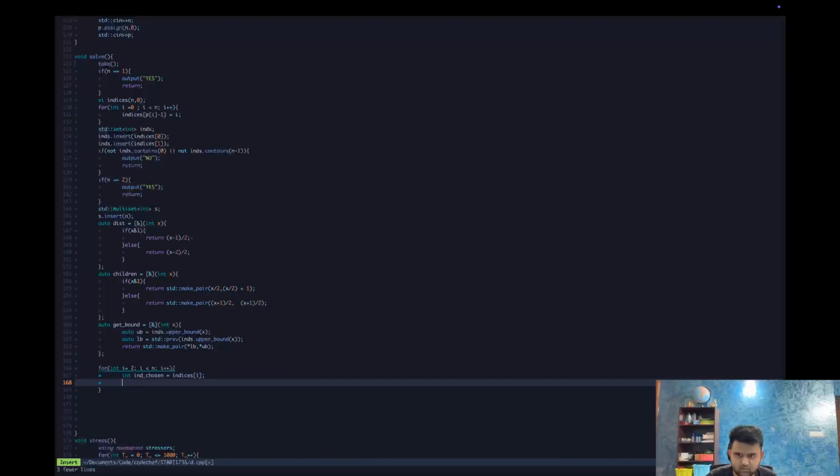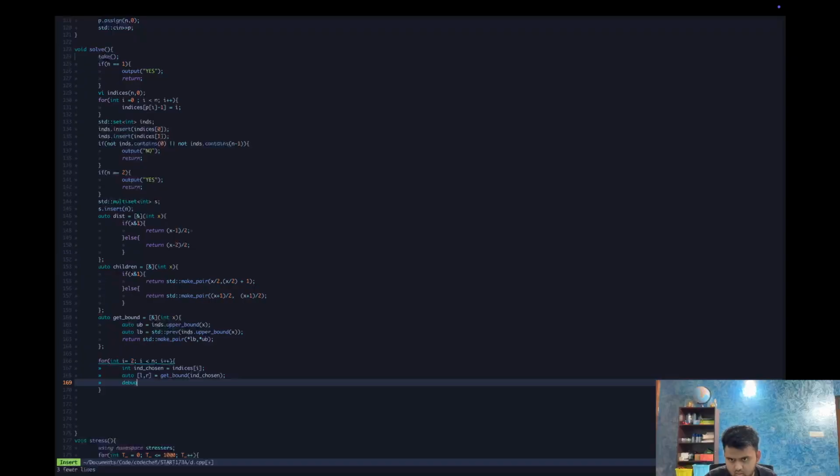Indices chosen is indices of I. Auto l comma r is get bound in chosen, debug in chosen comma l r.